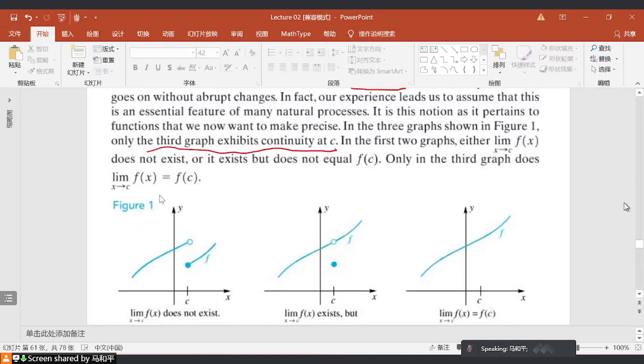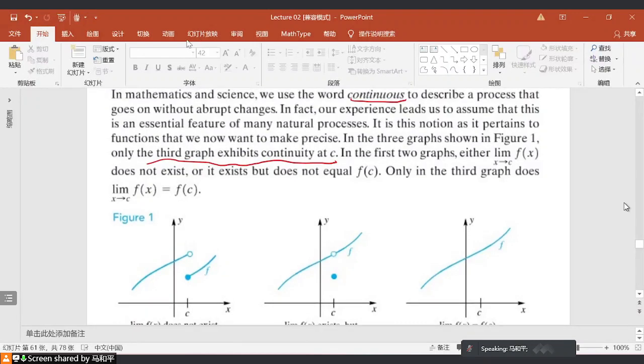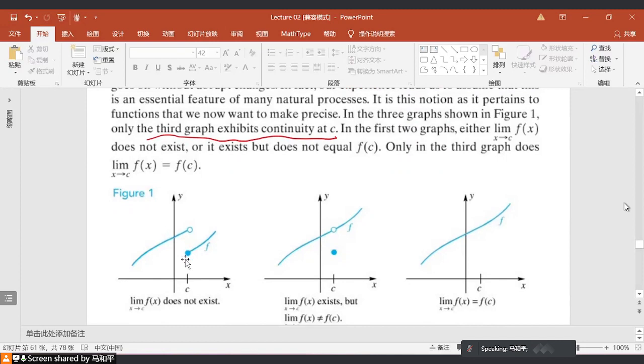From the graph, we know this curve is not continuous, because it does not go on without abrupt changes. Here we find abrupt changes, so it's not continuous. And we can find the limit as x approaches c does not exist because on one side the limit as x approaches c from the right differs.